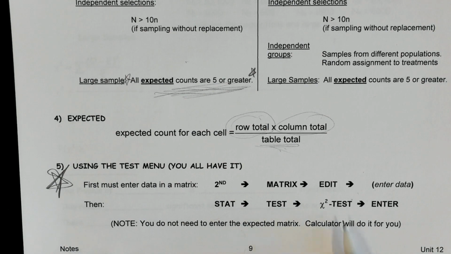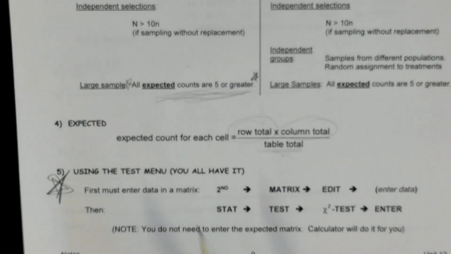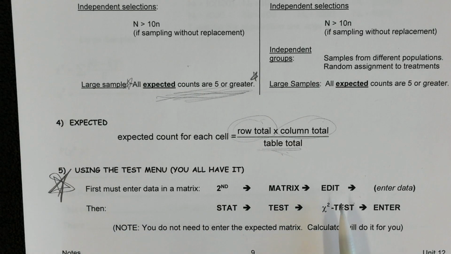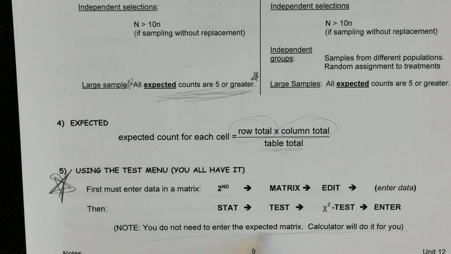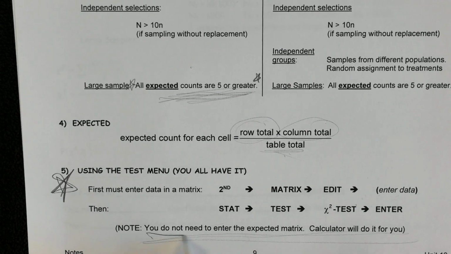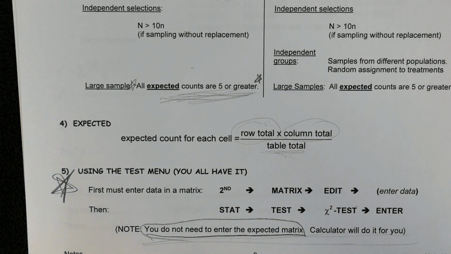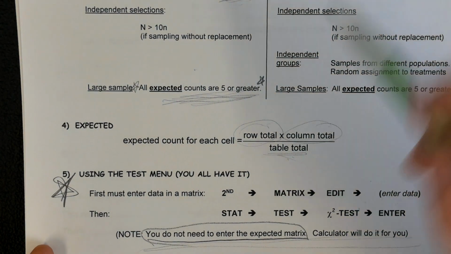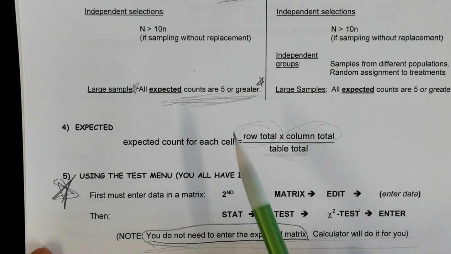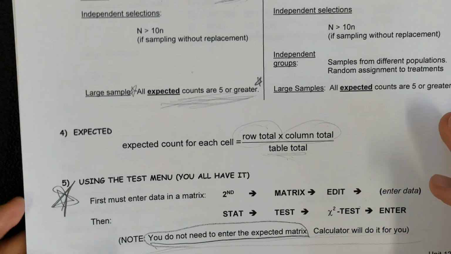To save a ton of time, if you use your matrices and type in your values and do exactly what this tells you, your calculator does everything for you. You do not need to enter the expected matrix. It does it for you, and I just did it last time, so that was a waste of time. But it's good because now you know how to find a single expected count, which is what you would need to be able to do.